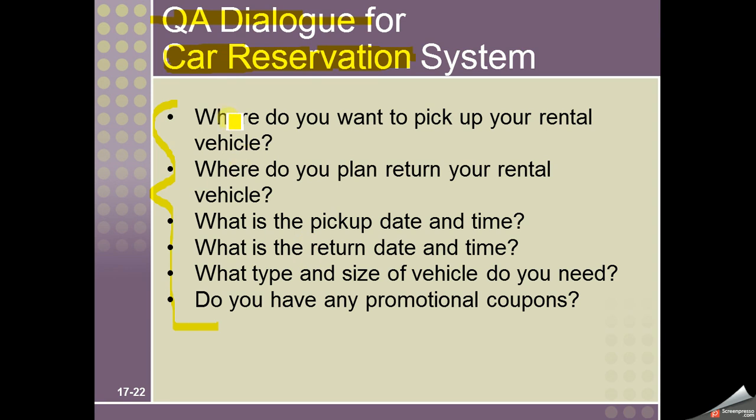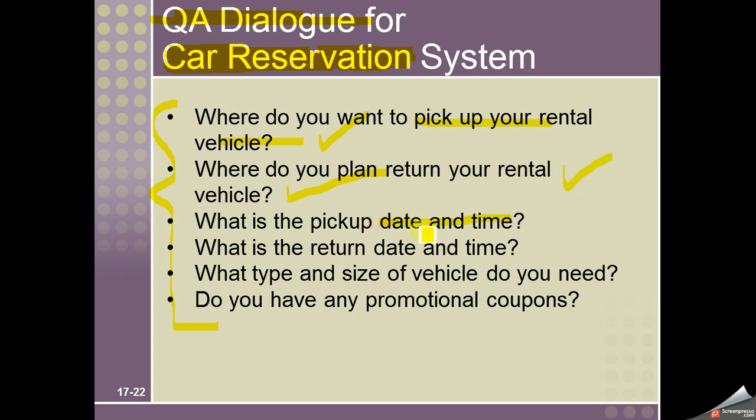For example, where do you want to pick up your rental vehicle is the first question. To answer this question, you will reply with a location. Where do you plan to return your rental vehicle? Again, you will provide a location.